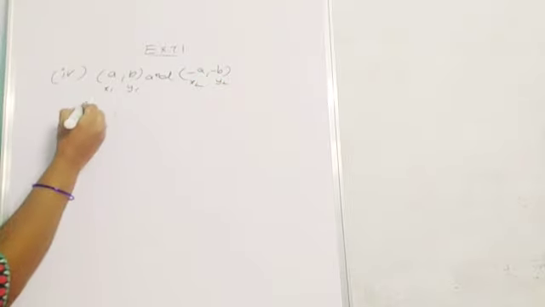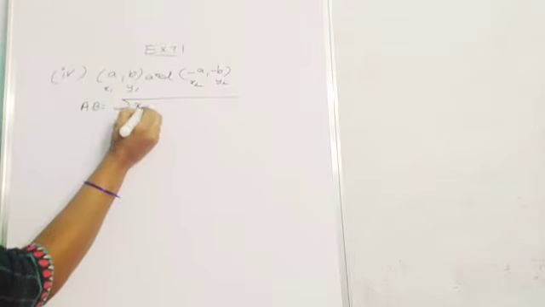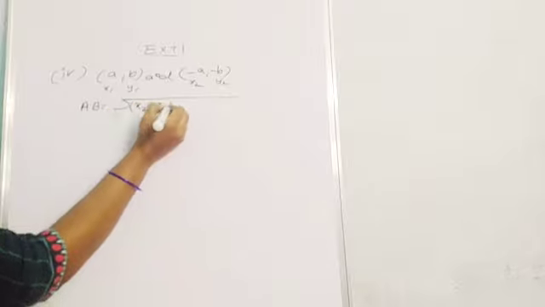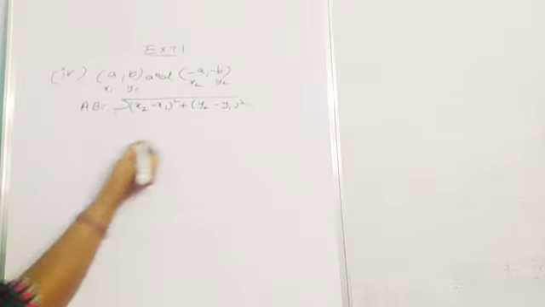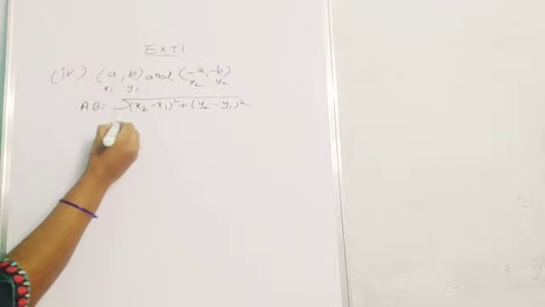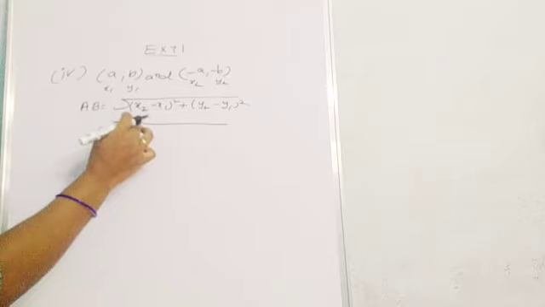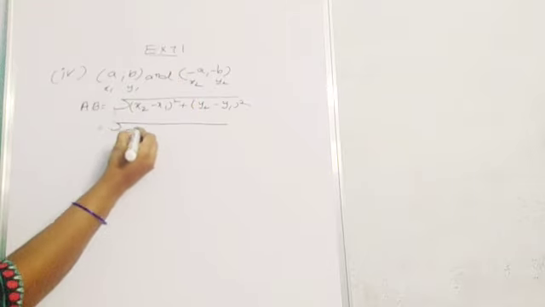Now we have to find the distance AB. Square root of (x2 minus x1) whole square plus (y2 minus y1) whole square. Okay, so now we substitute the values for x1, y1 and x2, y2. What is the value for x2 here? Minus a.